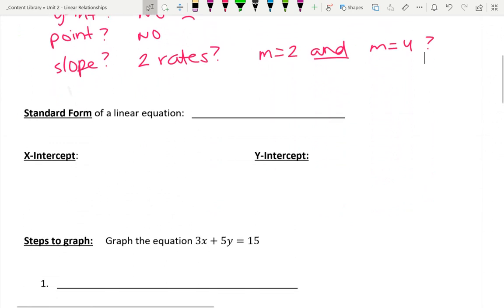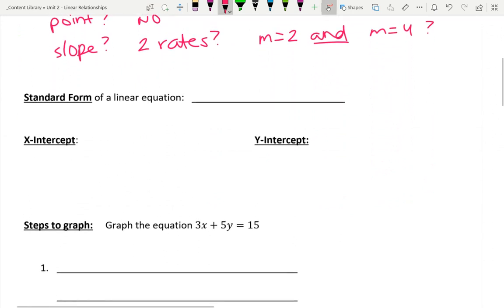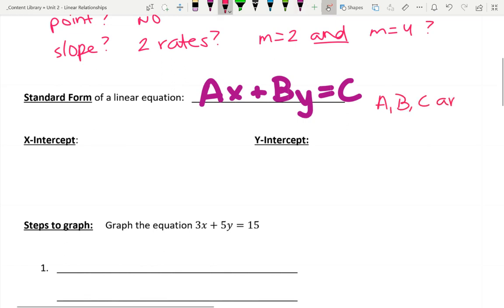So standard form of a linear equation looks like this. Ax plus By is equal to C, where A, B, and C are numbers. So this one looks a little bit different than every other form we've looked at because x and y are on the same side of the equation and there's no m anywhere to be found.